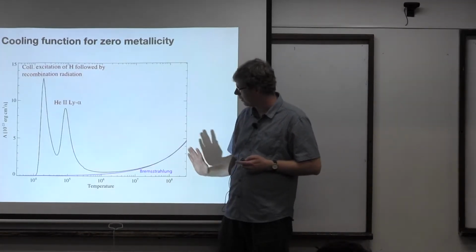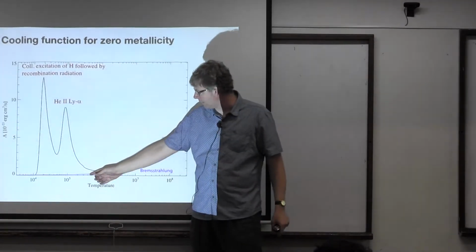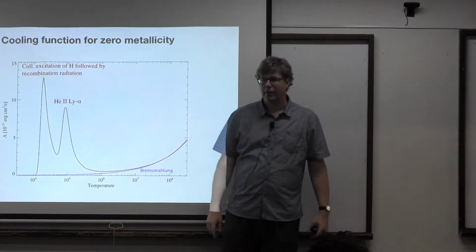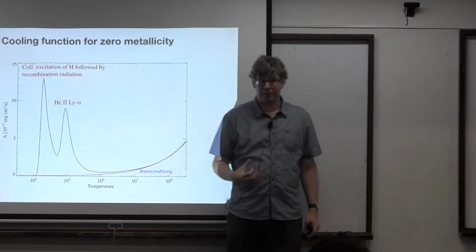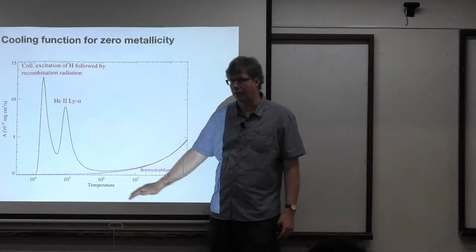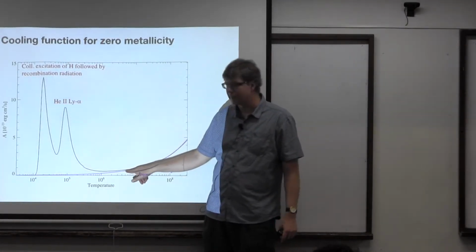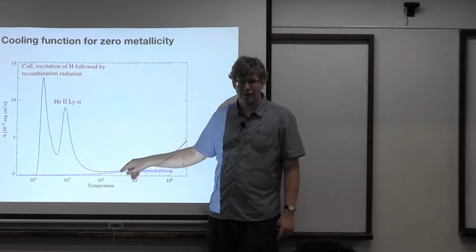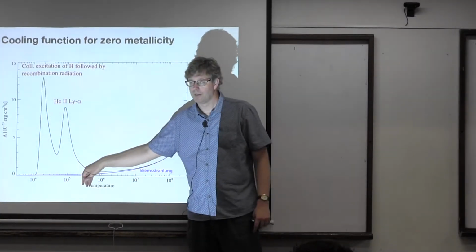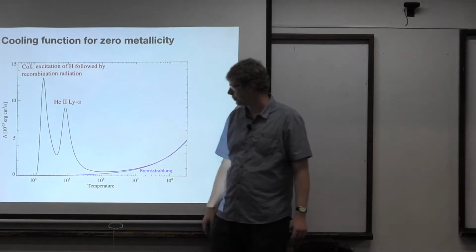If I go back to the previous plot, I would say that basically anything above 1,000,000 Kelvin is very hard to cool down. The cooling curve is very far down. It will take a long time, and if I cool down a little bit, the cooling becomes even less efficient. So it's very hard to cool this one down to a low temperature.